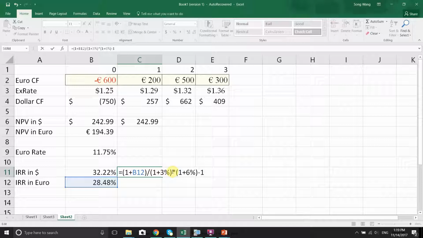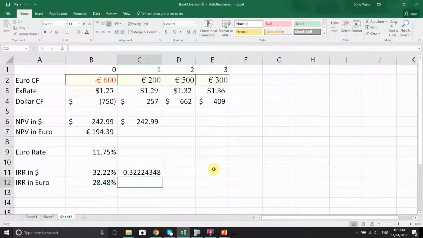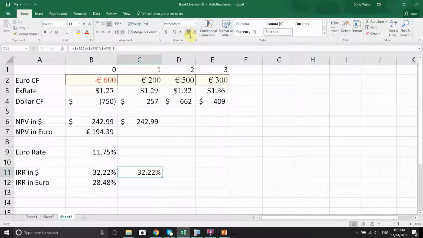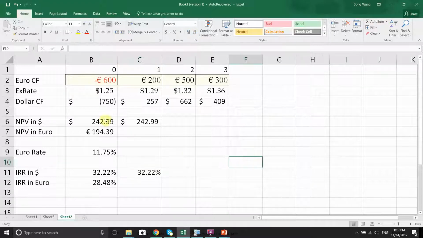And the real return in the United States multiplied by 1 plus the inflation in the US would give you 1 plus the nominal return in the US, minus 1, which would be the nominal return in the US. So that is 32.22%.